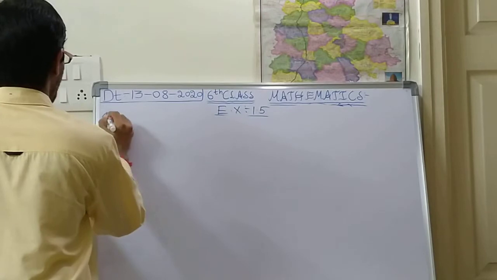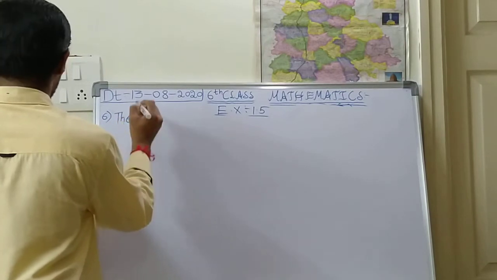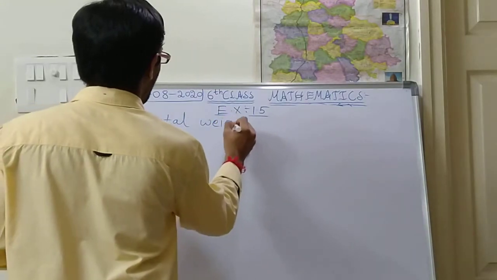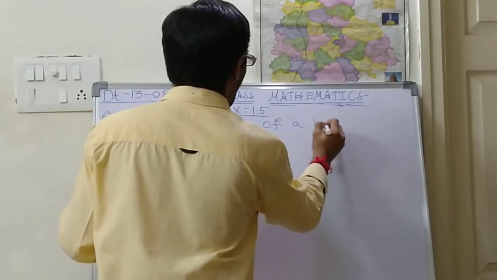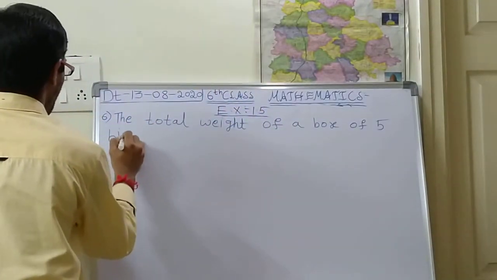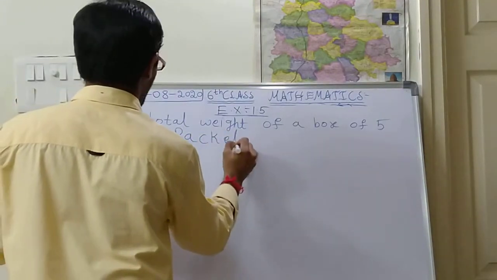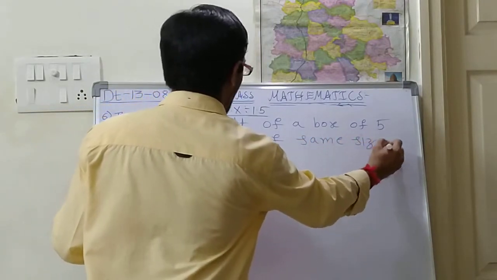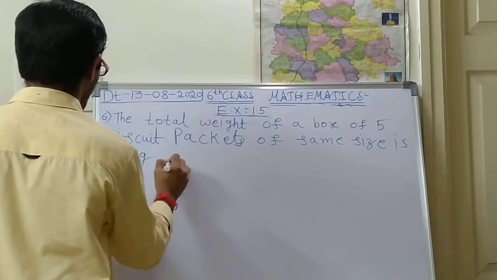Okay, next, the sixth one. The total weight of a box of 5 biscuit packets of the same size is 8 kg 400 grams.